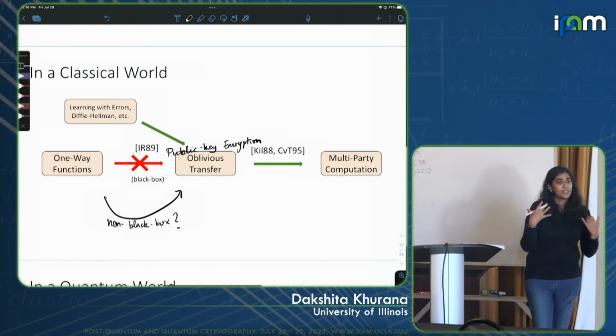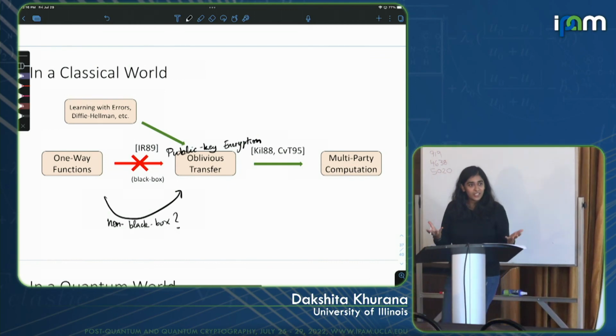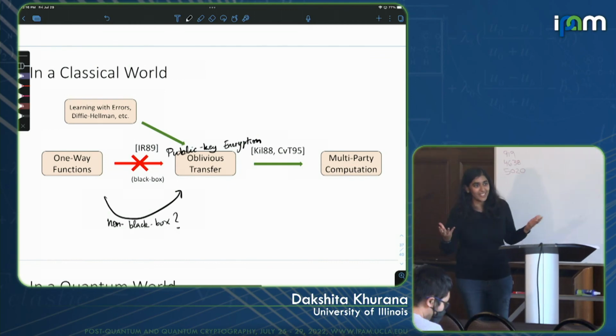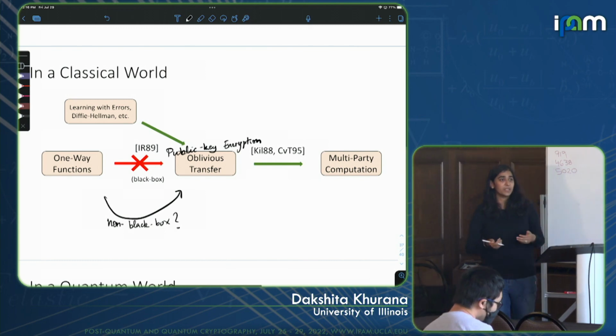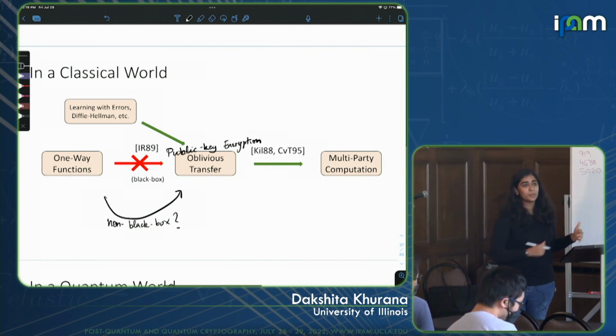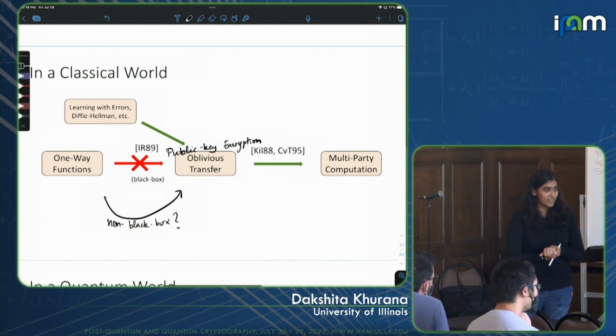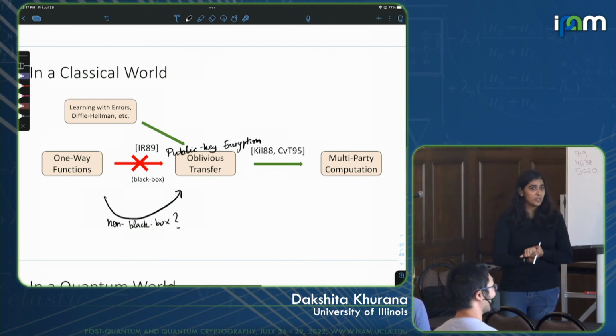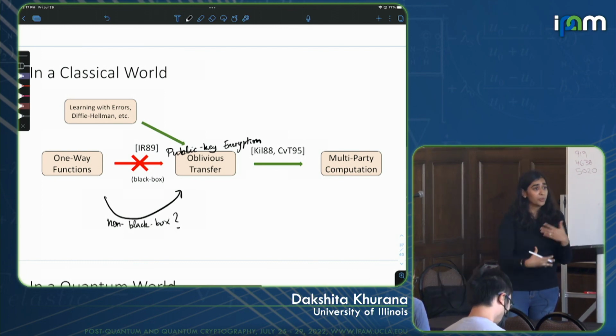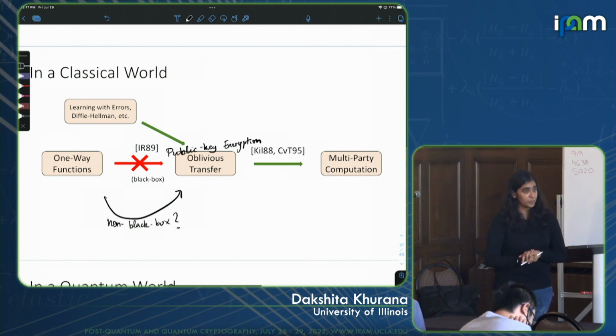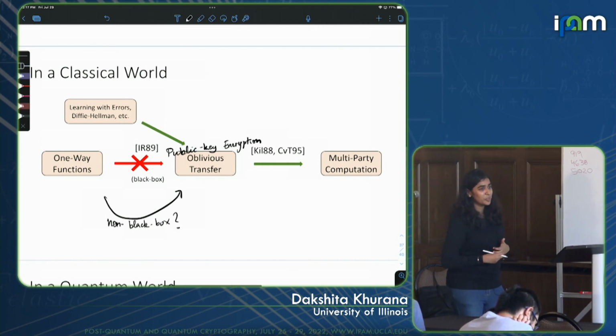So that's the structural difference between the two. Now, that does not necessarily mean that they're not the same, but this result did show that you cannot use one-way functions without referring somehow to the exact way the one-way function is built. So that brings me to your second question.